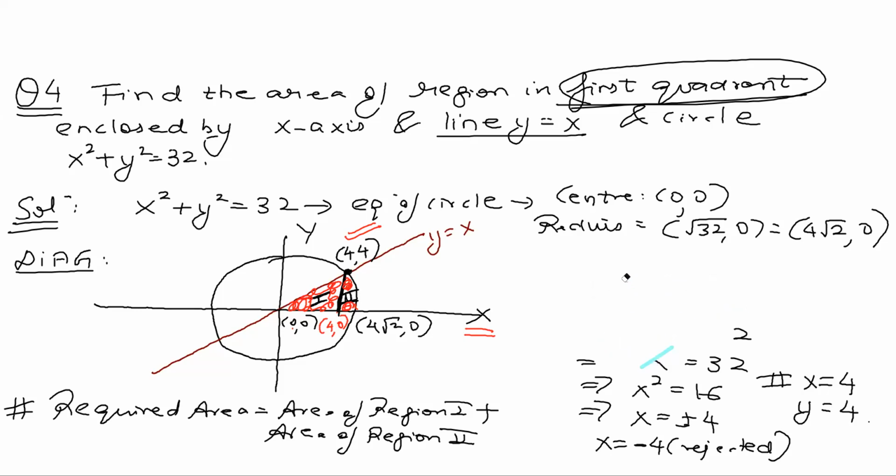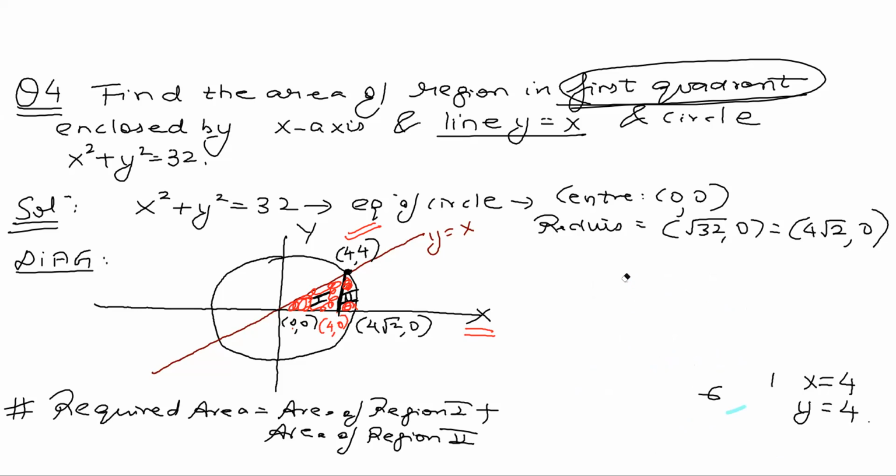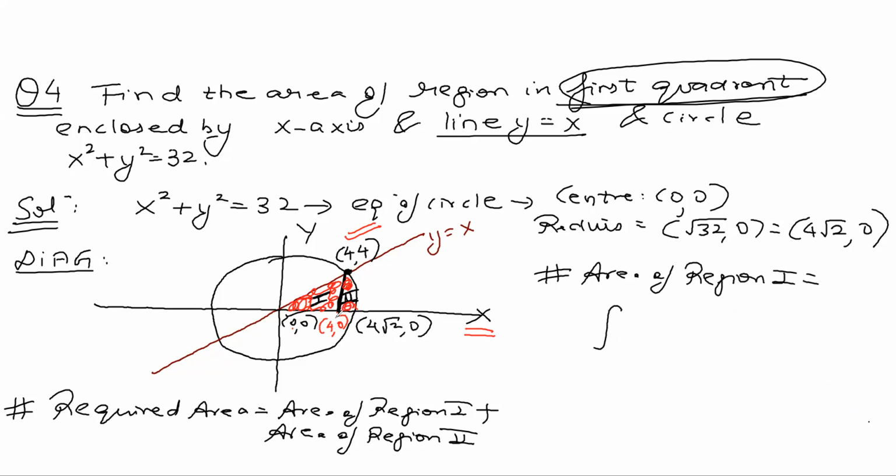So let's find that. It's a very good question. We can find the area of region 1. So this is how we find it. Area of region 1 will be, as x goes from 0 to 4, we are integrating with respect to x.